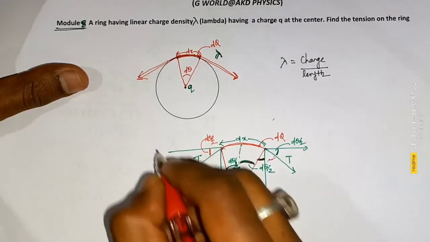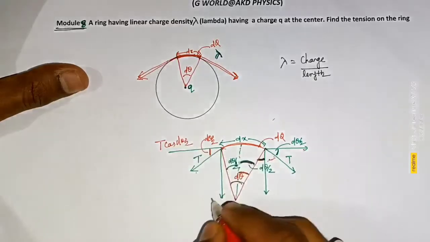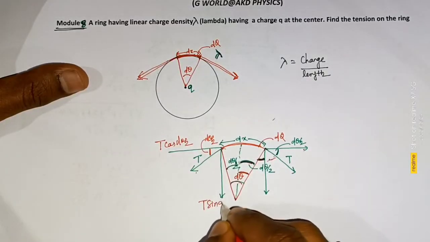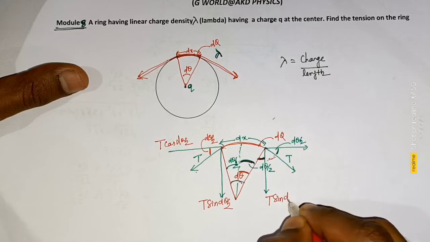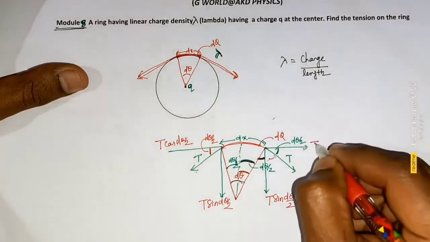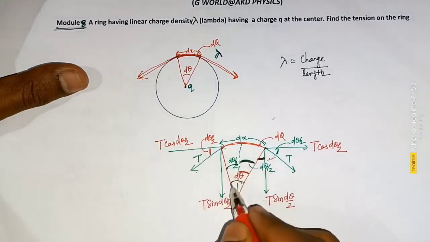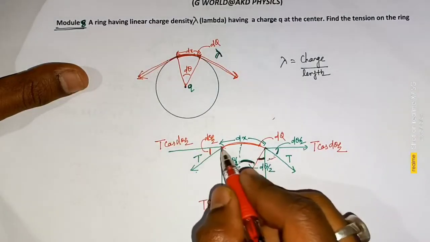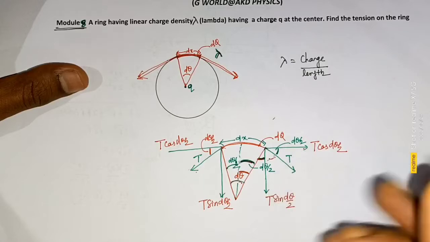If this is tension, then this is T cos d theta by 2 and this is T sin d theta by 2. Similarly, this is T sin d theta by 2 and this is T cos d theta by 2. I just broke the two vectors into components.